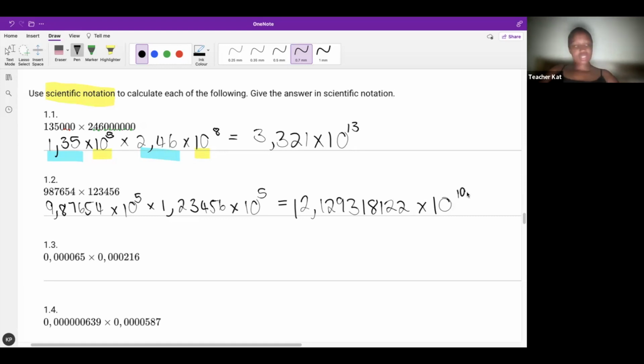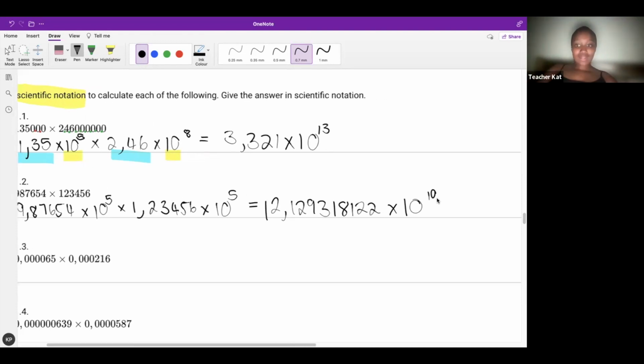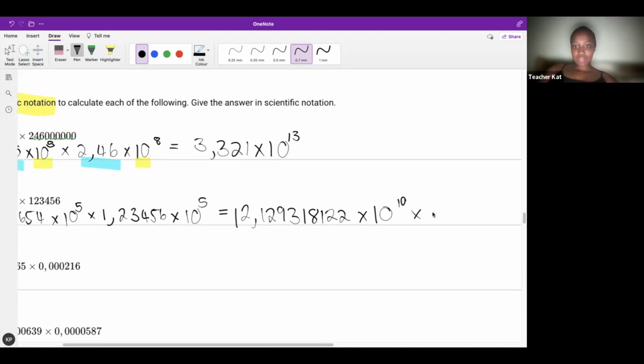Now, is this in scientific notation, guys? No. What's the problem with this answer? It's over 10. So where do we actually want our comma to be? After the 1. So it's times. Nope, equals, not times. Equals.